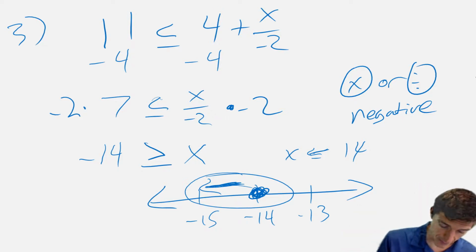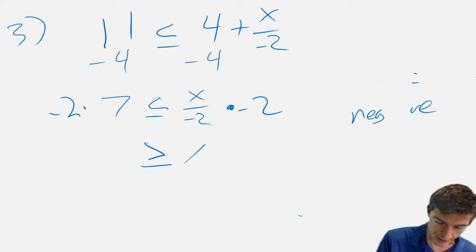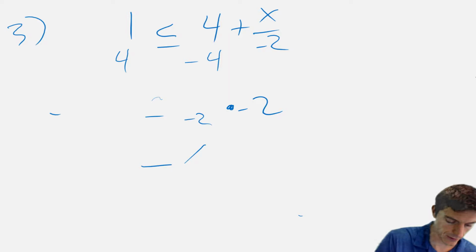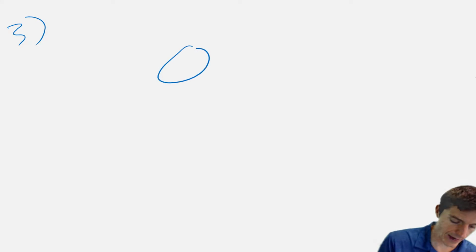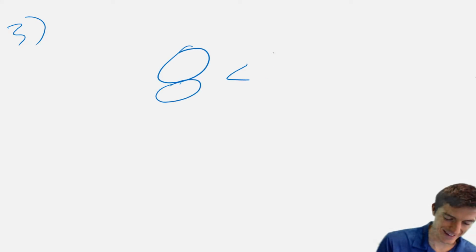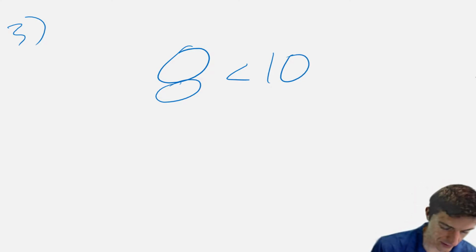The reason why you have to flip on a negative is this. Let me just do some erasing here real quick. There we go. No one would argue that 8 is less than 10, right? No one would argue that. And if I subtracted 2 from each side, that's no big deal.